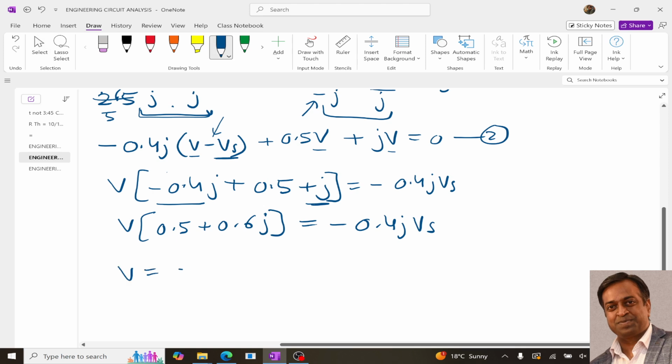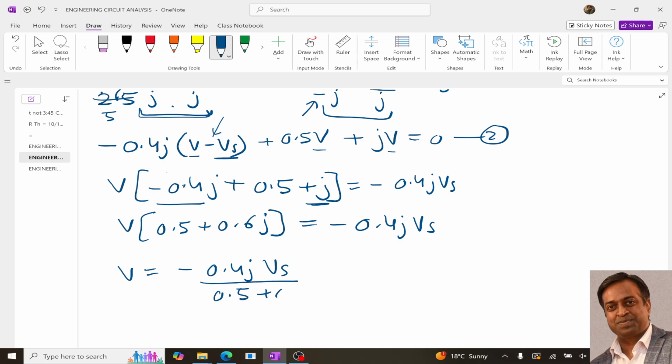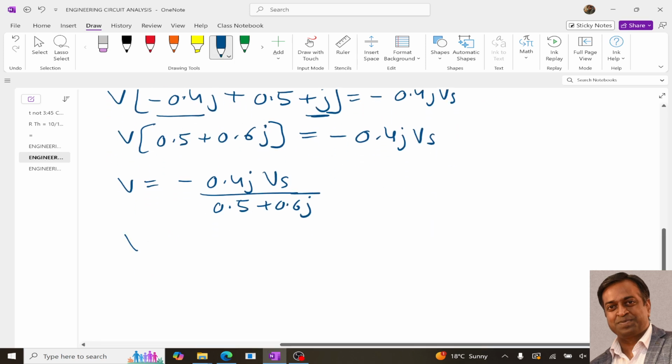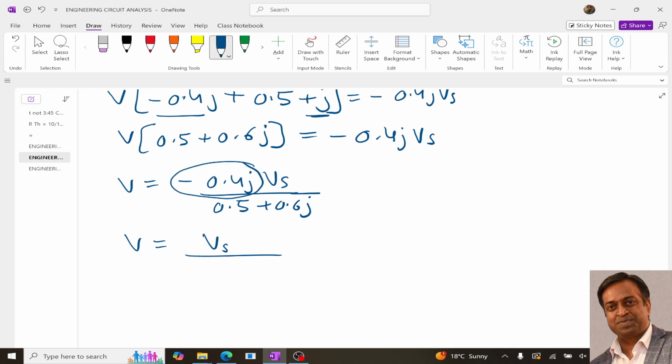Now V is equal to minus 0.4j Vs upon 0.5 plus 0.6j. This can be solved in any way. I will use this way: Vs, and I will bring this minus 0.4j in the denominator.